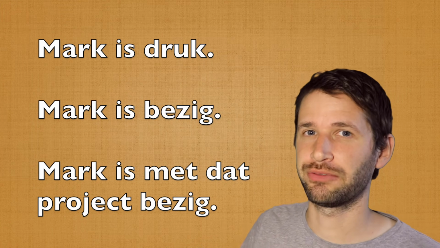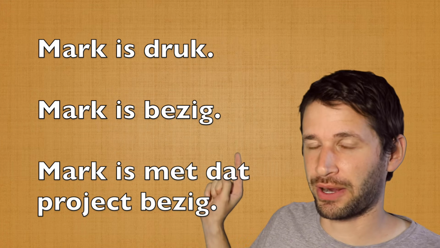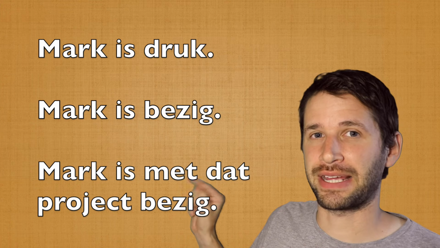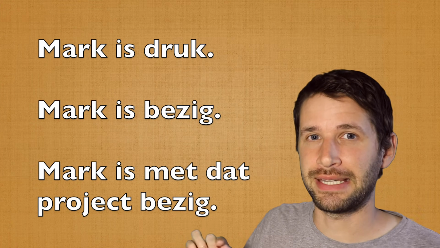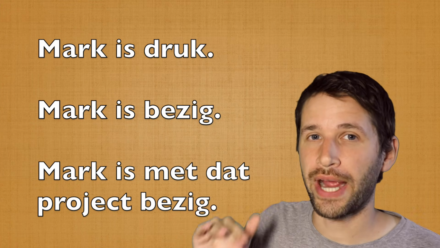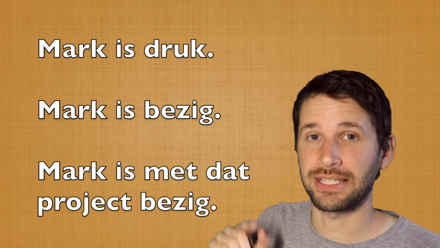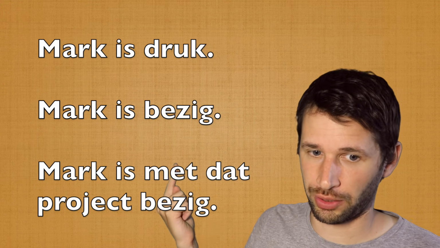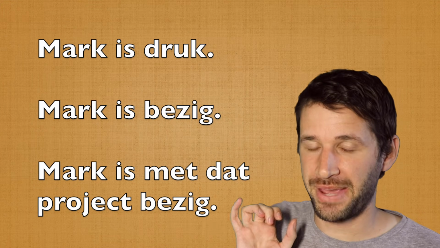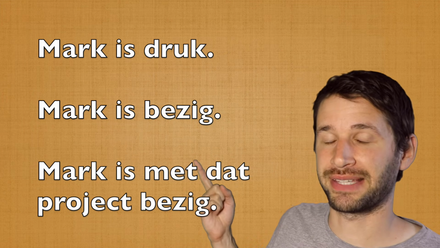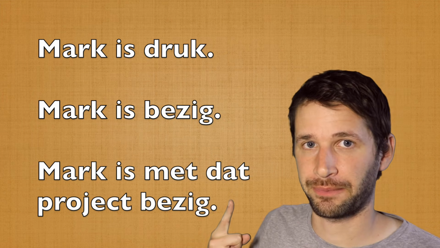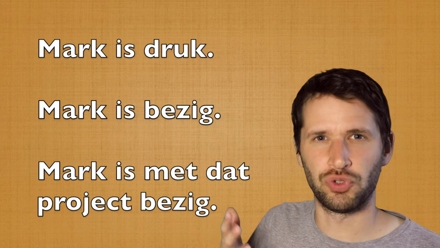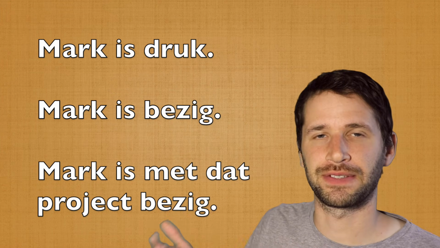All right. And what's the difference with bezig? If you say Mark is druk, you're saying it's a busy person. But if you say Mark is bezig, then you mean that at the moment, right now, Mark is doing something. And that's the difference with druk. Bezig, for example, Mark is met dat project bezig. That comes from the verb bezig zijn met, to be doing something or to be busy with something.